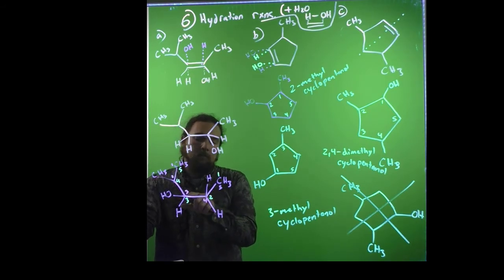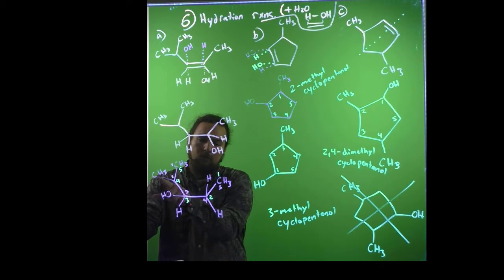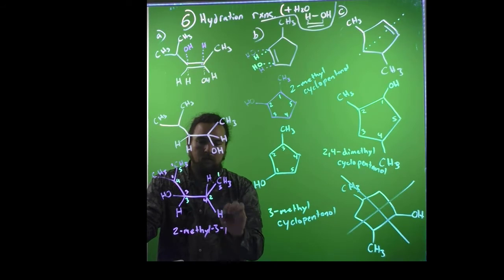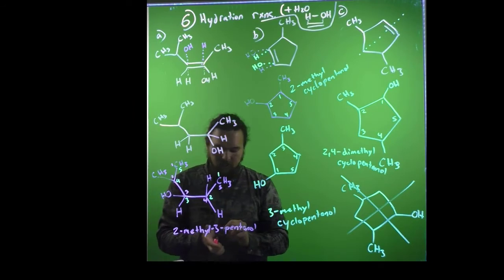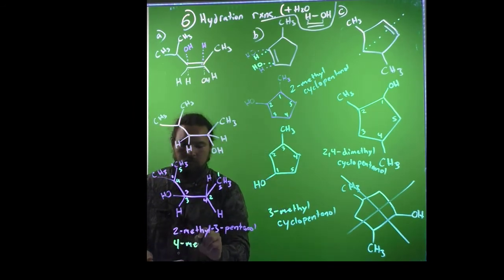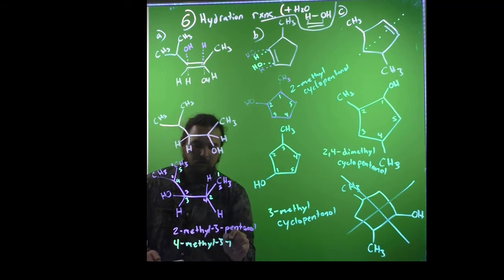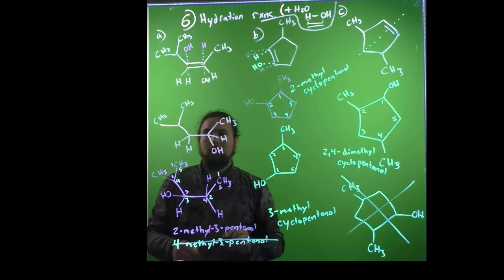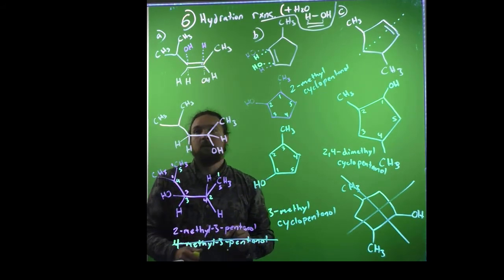But notice how in pink we would get 2-methyl 3-pentanol, whereas in yellow, it would have been 4-methyl 3-pentanol. And we want that number to be as low as possible, so that would be 2-methyl 3-pentanol.